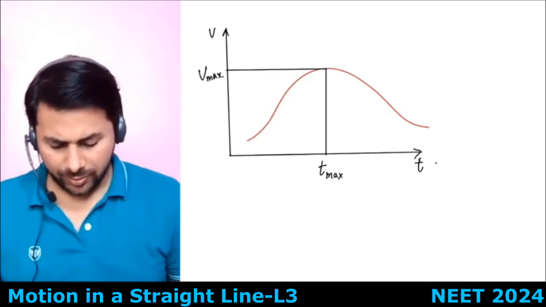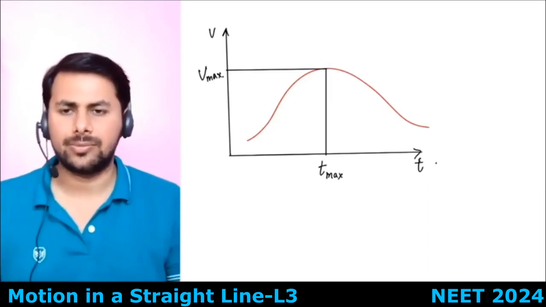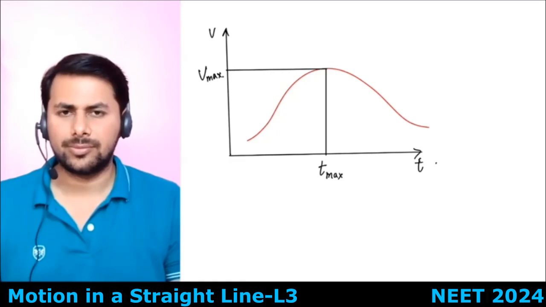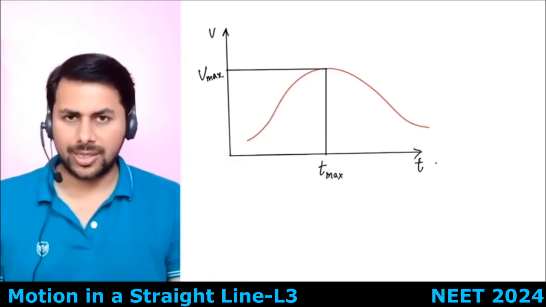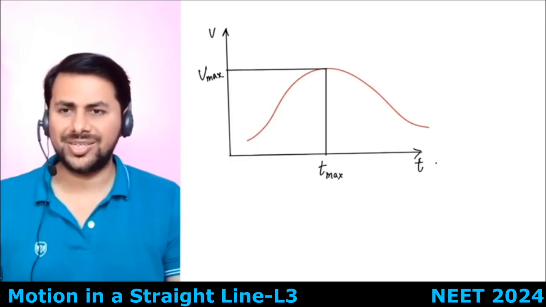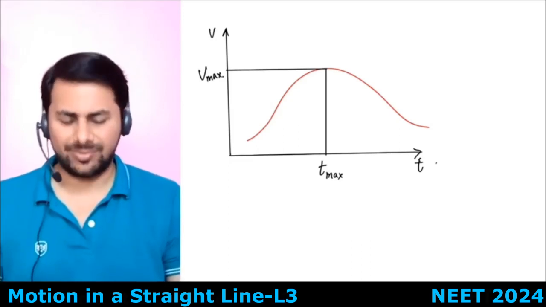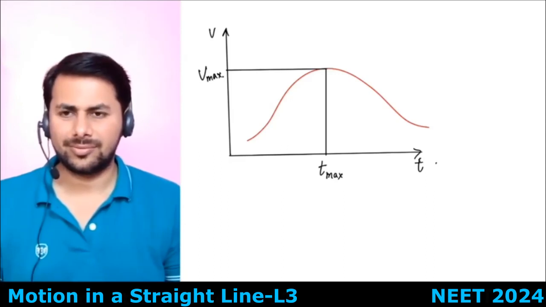Right? So now what is the slope of this graph when velocity is maximum? What is the slope of this graph when the velocity is maximum? Acceleration, sir. Yeah, how much is the slope of this graph at this point? Zero.